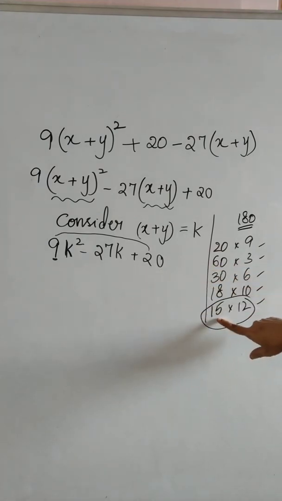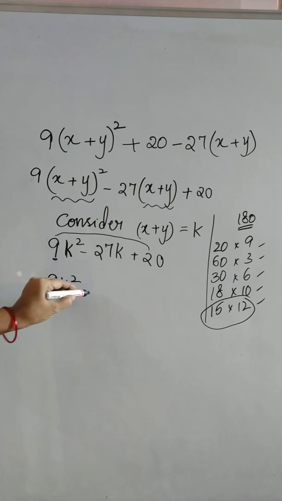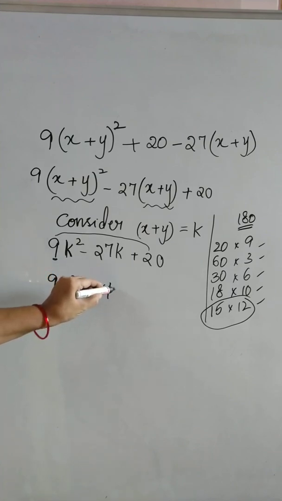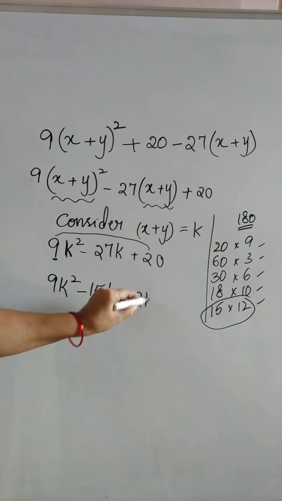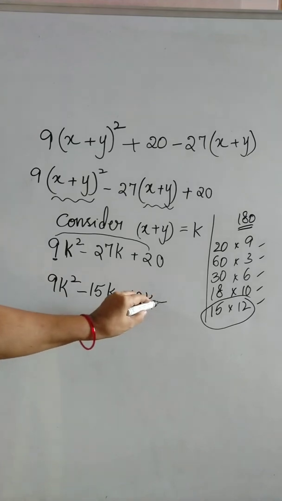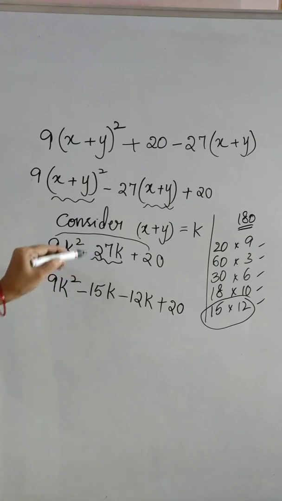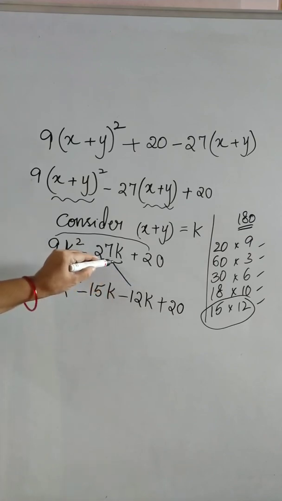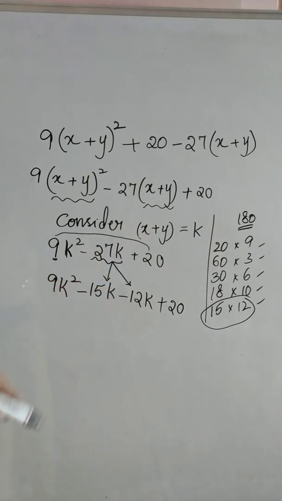So we can consider 15 and 12 here. Let us write 9k square minus 15k minus 12k plus 20. It means that I split the middle term into the sum of the two factors.